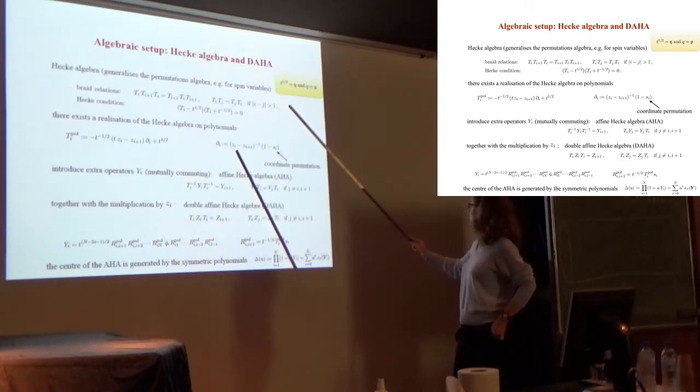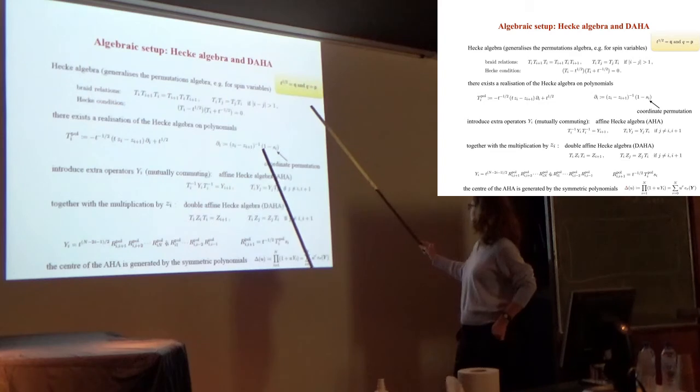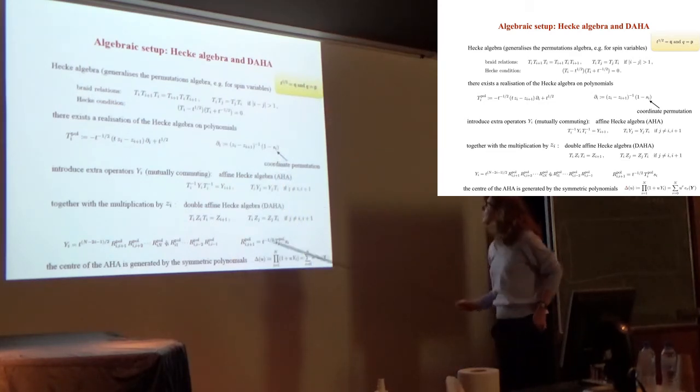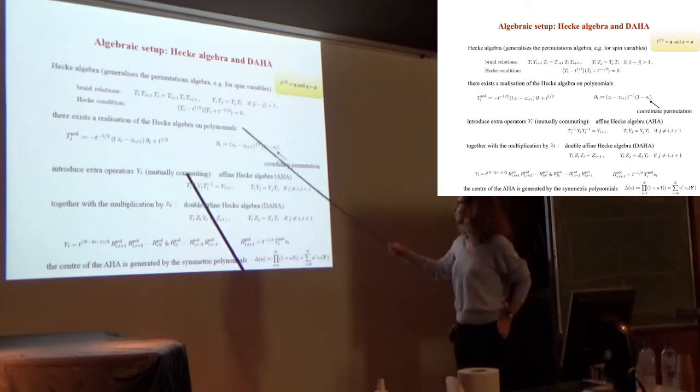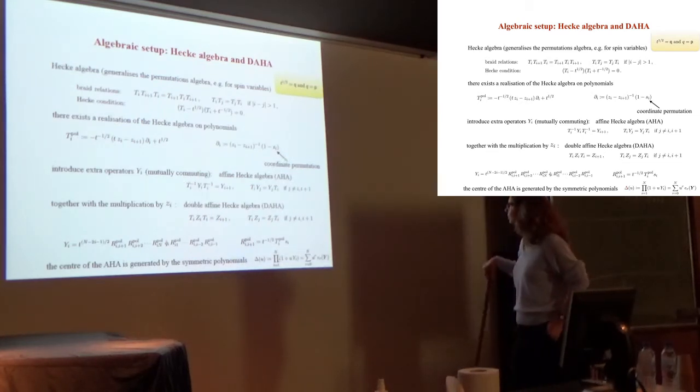So you divide by the difference of the two coordinates, and then you have the action of 1 minus the coordinate permutation. So you can check that this object obeys the rules of the Hecke algebra.